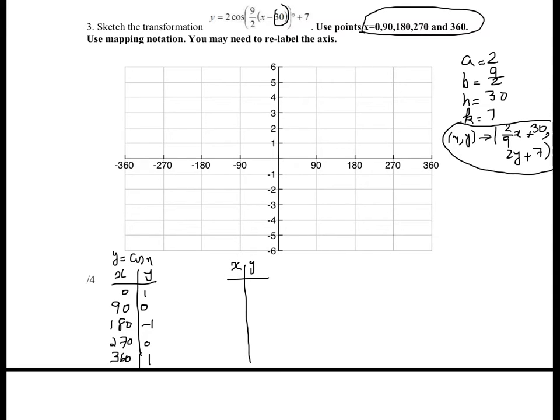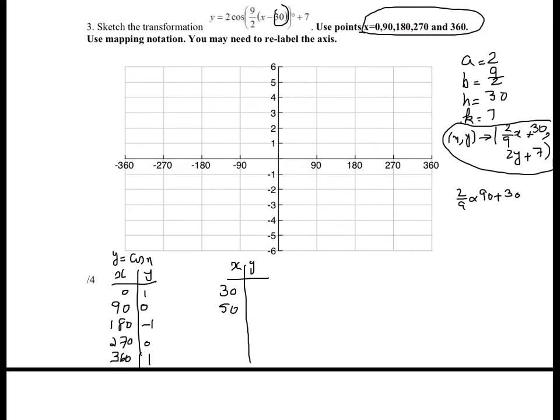This says that for every x value, multiply it by 2/9 and add 30 to it. Now, if x is 0, then we get 2/9 times 0, which is 0, plus 30, which becomes 30. When x is 90, 2/9 times 90 plus 30: 90/9 is 10, 10 times 2 is 20, plus 30 is 50.